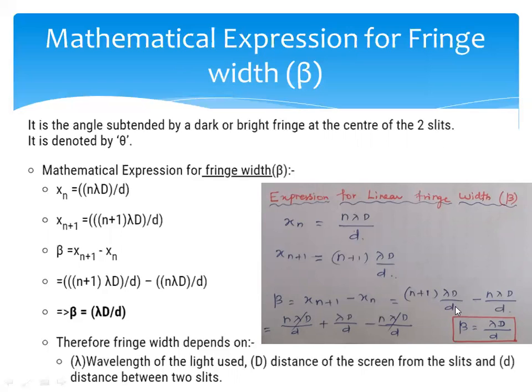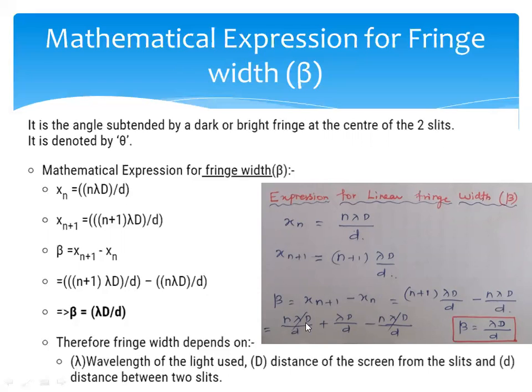Multiplying lambda capital D by small d inside, the first term is n lambda capital D by small d. The second term is 1 into lambda capital D by d. The third term is minus n lambda capital D by small d. The minus and plus n lambda D by d get cancelled.